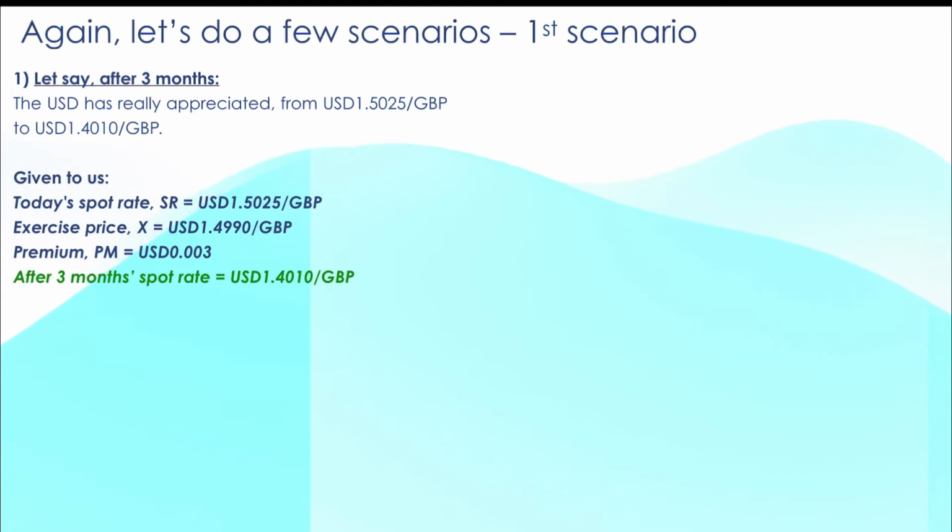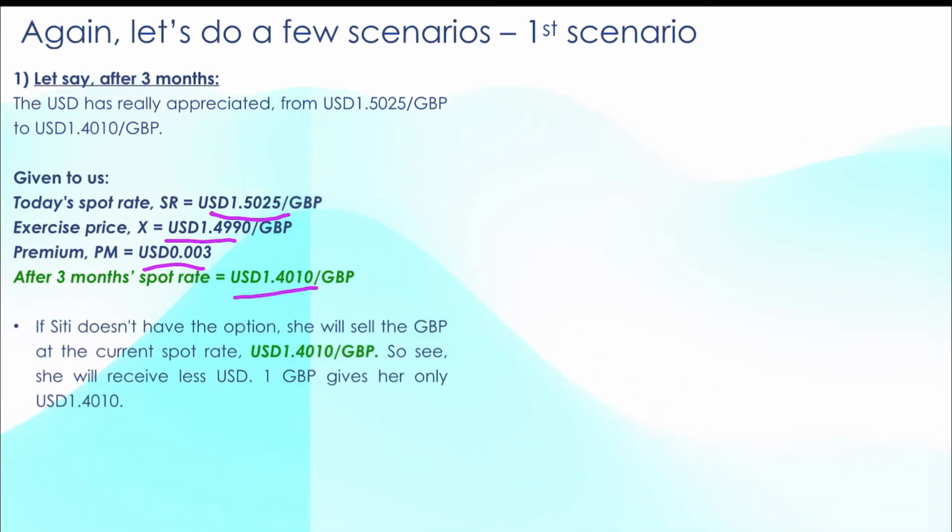Given to us, today's spot rate is 1.5025, the exercise price is 1.4990, the premium price is 0.003. After 3 months, the USD appreciates to 1.4010. If Citi doesn't have the option, she will sell the GBP at the current spot price, which is 1.4010.